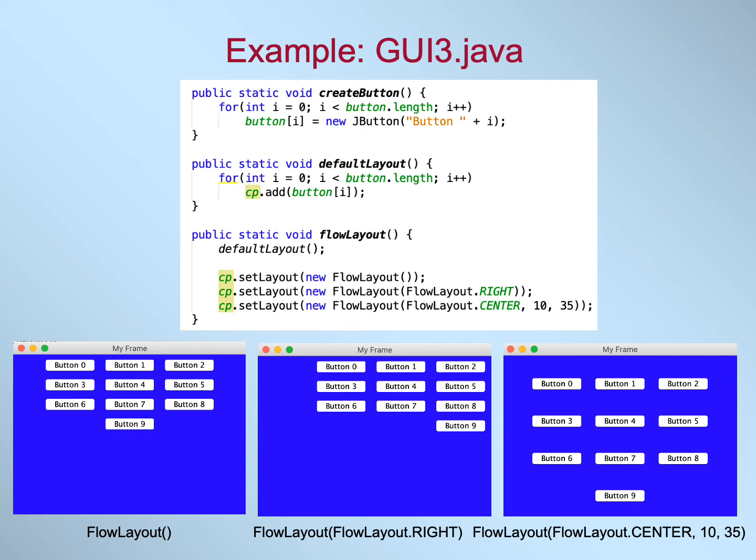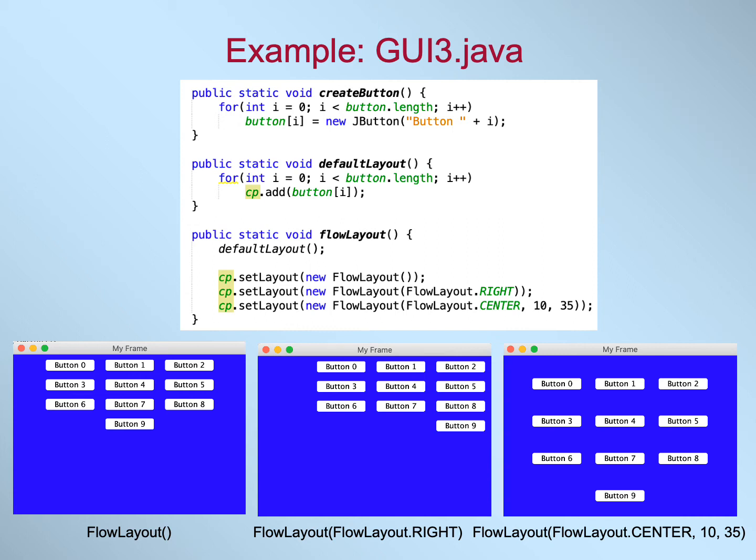If you want to see the first constructor, which is new FlowLayout() that does not take any input, then you need to comment out the second and the third line. If you run the first constructor, everything will be aligned at center, and the H gap and V gap would be set to 5 pixels.